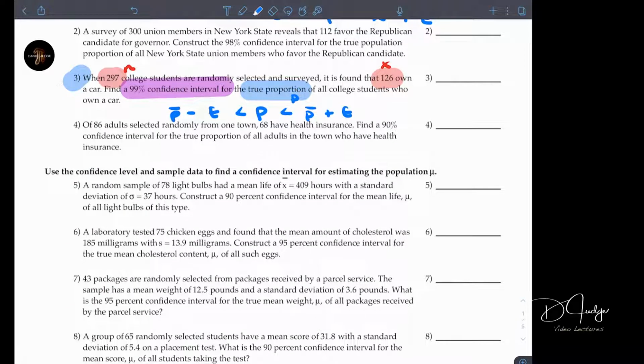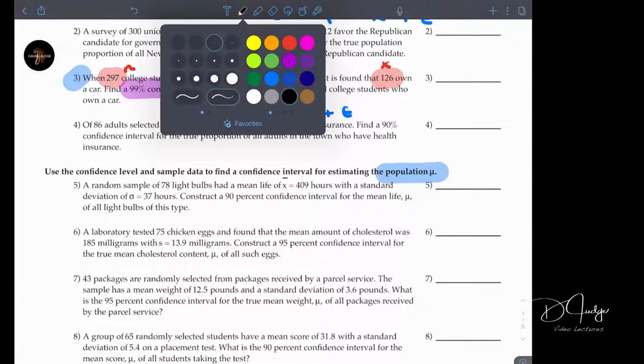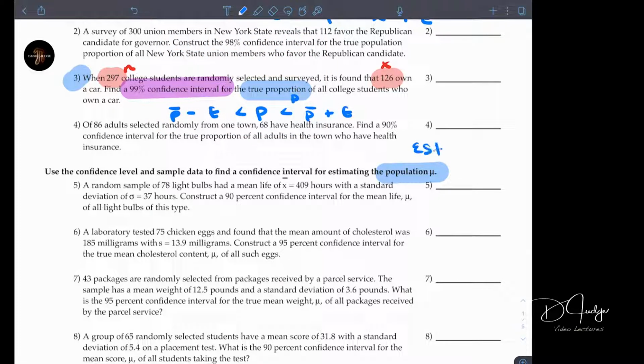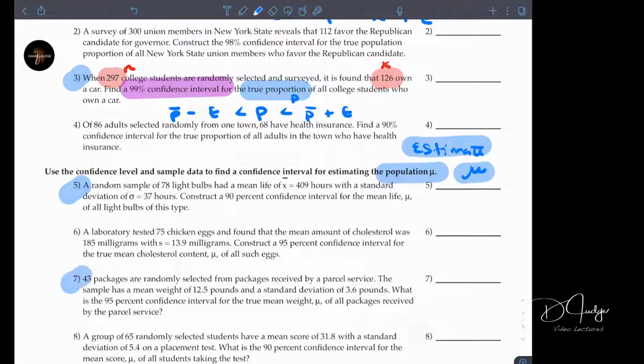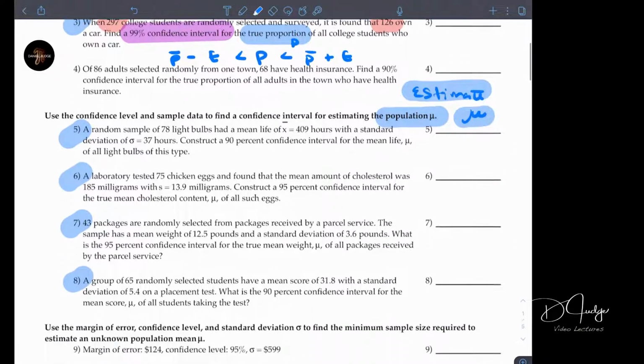Number 5 now. Let's take a look at what's happening here. They want us to find the confidence interval for estimating the population mean. We're going to be estimating mu. And this is what we're going to be doing for questions 5, 6, 7, and 8.